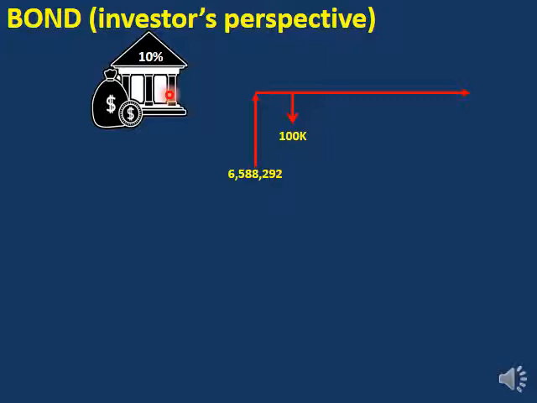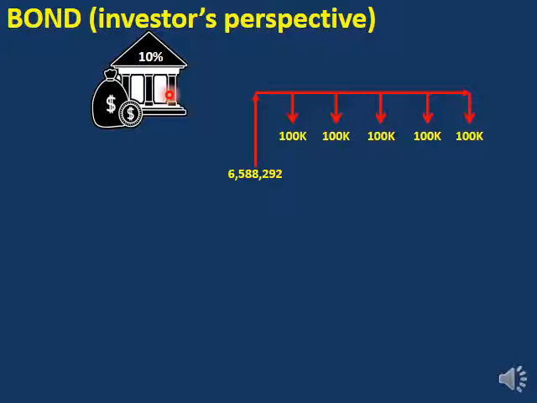And then the money left in the bank also earns interest. And then at the end of the second year, the investor withdraws 100,000 pesos. And then the money left also earned interest. And then the investor withdraws 100,000 at the end of the third year. The money still continues to earn interest up to the fourth year and up to the fifth year, while withdrawing 100,000 pesos at every end of the year.